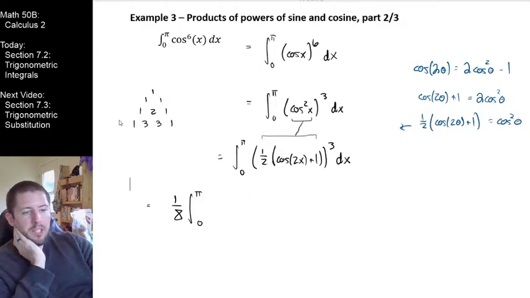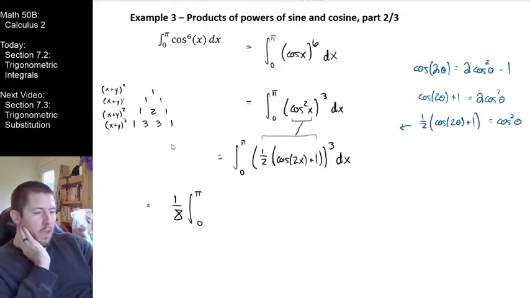These should be the coefficients on a binomial cubed. These are the coefficients on x plus y to the 0, on x plus y to the 1, on x plus y squared, and on x plus y cubed, we get these coefficients of 1, 3, 3, 1. So that tells me what coefficients I want to put on the cosine of 2x and the 1 when I expand this.